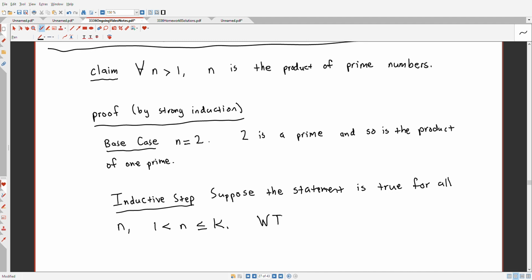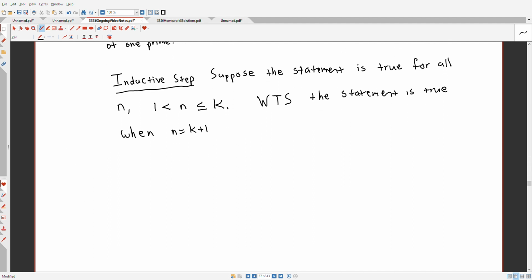We want to show the statement is true when n equals the next number, k plus 1. Alright, but how are we going to do this? Well, this actually turns out to be ridiculously easy with strong induction. So here's what we're going to say.